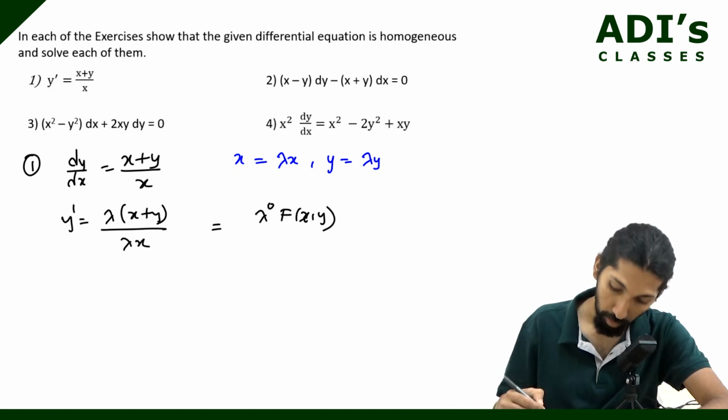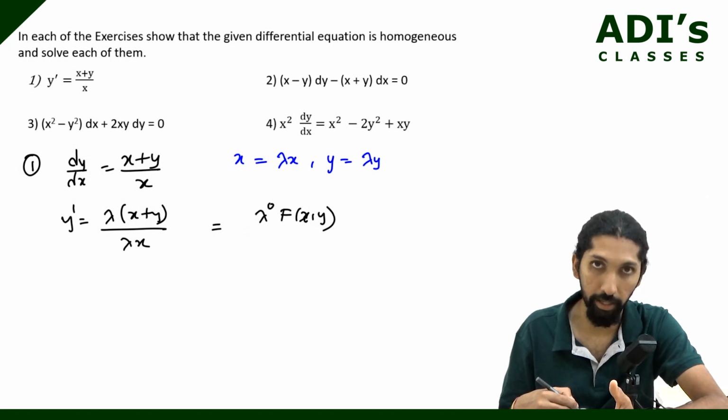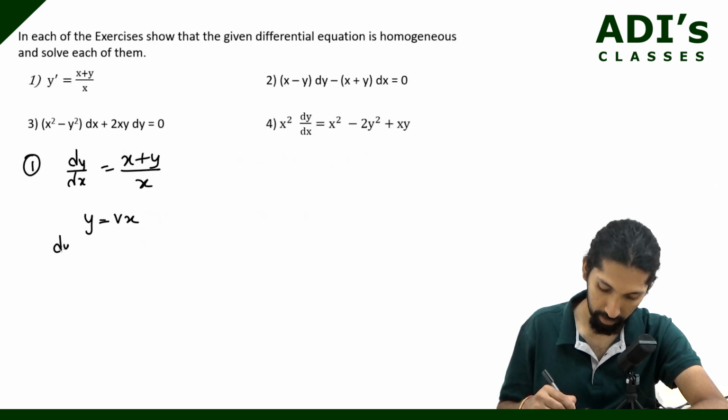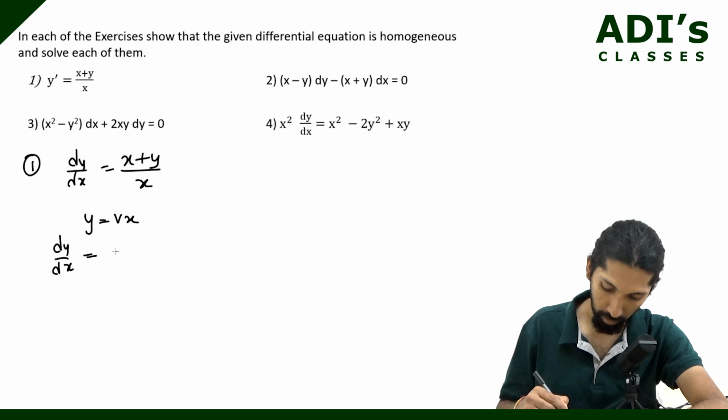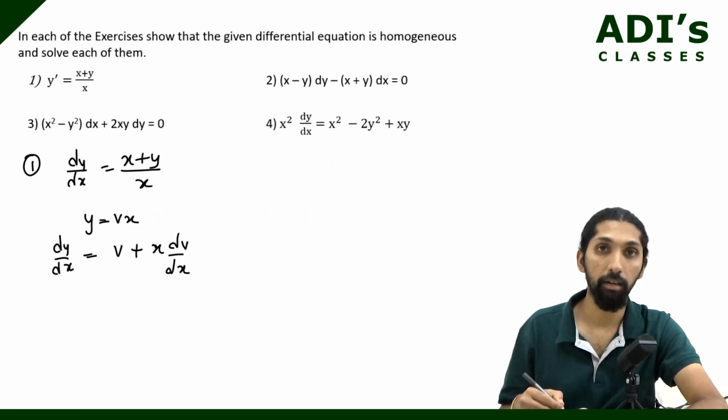First you need to substitute y is equal to v into x, correct? When you substitute y is equal to v into x, dy by dx is equal to v plus x into dv divided by dx, right?